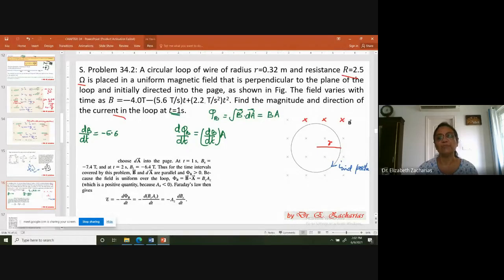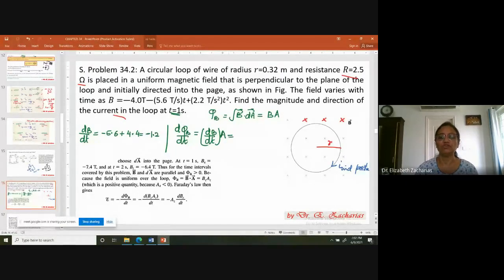And then here it is 2.2 T square, so it will become plus 4.4 T. T is 1 second, so put T equal to 1. Therefore, I'm going to get minus 1.2 as dB by dt.